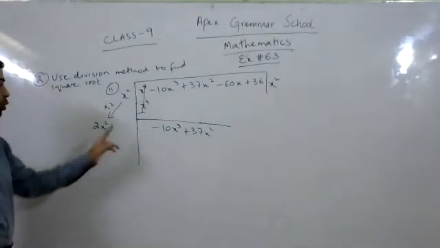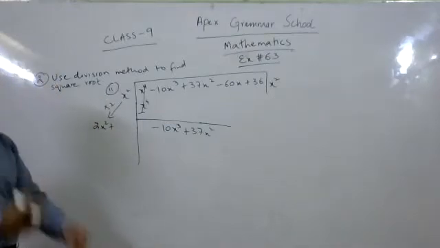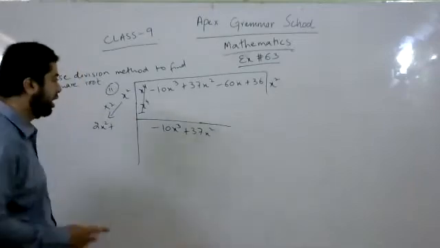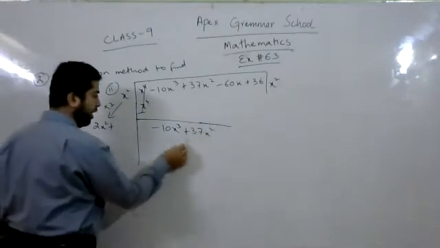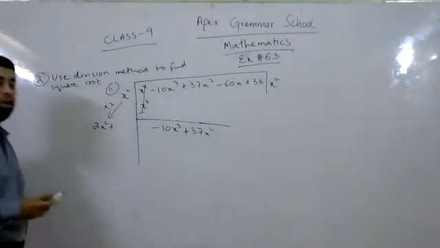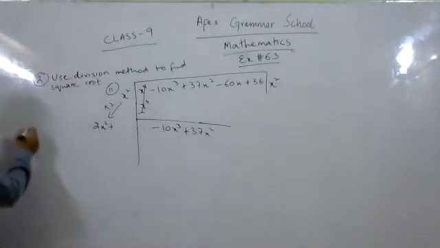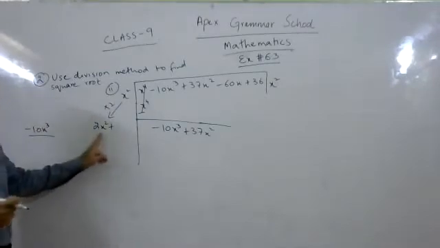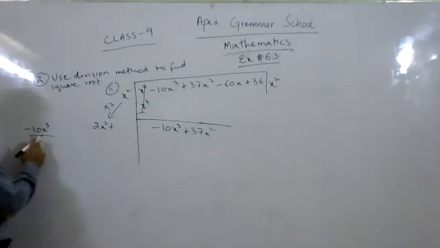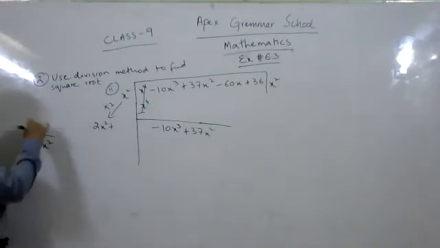We need another value here, but how can we find this value? For that purpose, take the very first number, that is minus 10x cubed, on the numerator, and this divisor on the denominator. Now solve it.